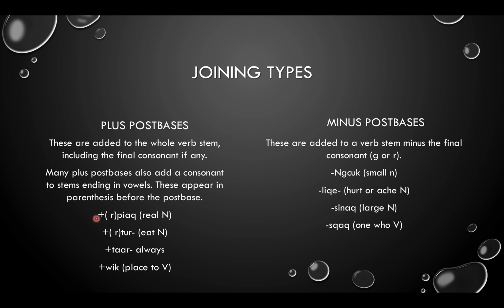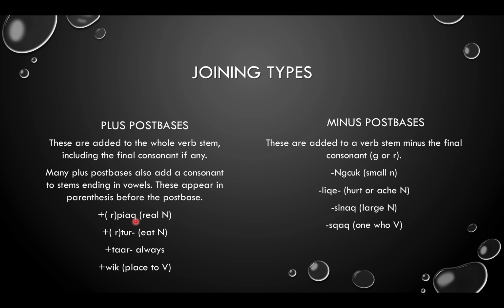So if you're going to add piak to a noun that ends in a prime vowel like a, i, or u, and some noun stems end in e, then you'd add that R before you add piak.